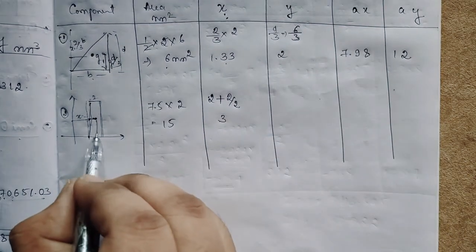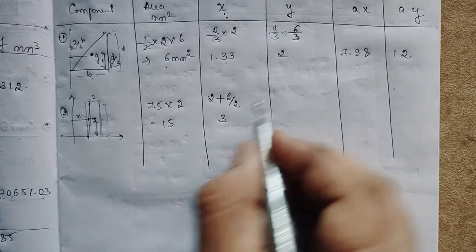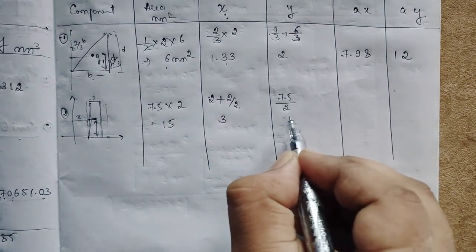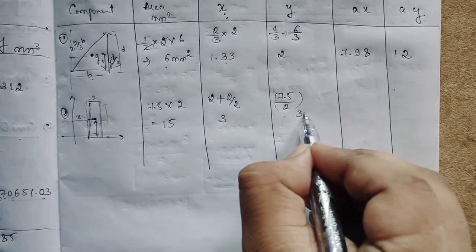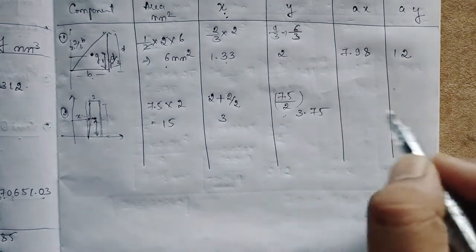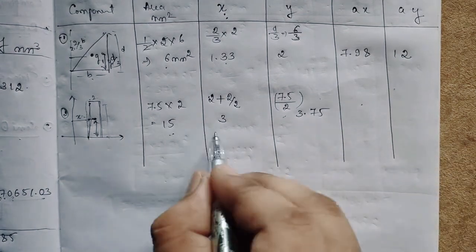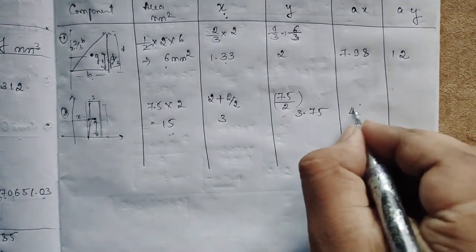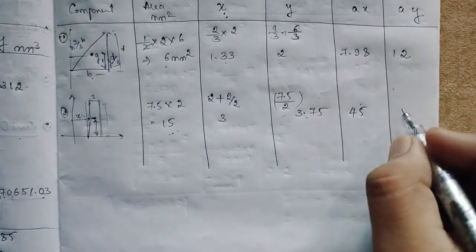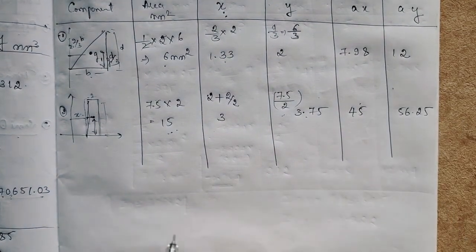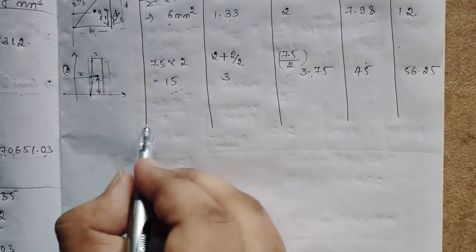Y is directly the height, 7.5 by 2, which is 3.75. Next, what is the AX? 15 into 3, 15 into 3.75 is 56.25.